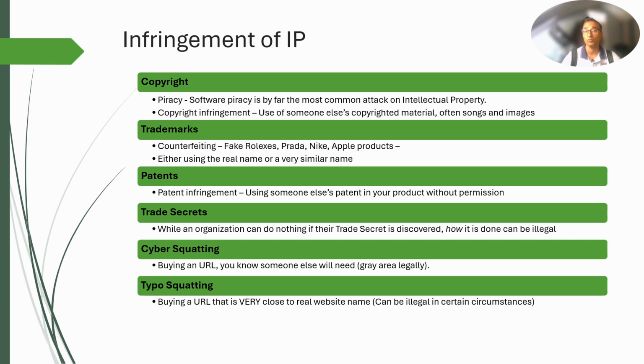Trademarks are infringed by counterfeiting, making fakes, like fake Rolex, fake watches, fake apps, etc. And they try to hoodwink by either using the real name or a name very similar to the real name. Patent infringement happens when you take somebody else's work, especially the scientific work, without their permission and use it for commercial, business, or civil purposes.